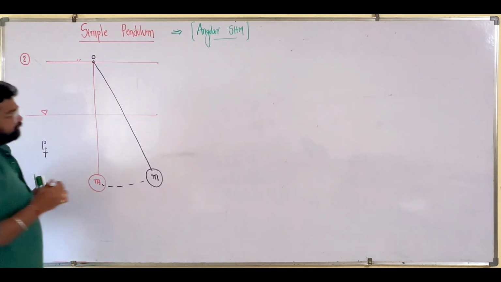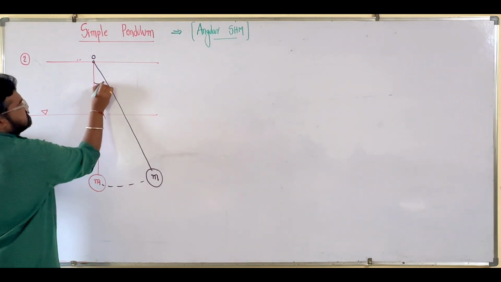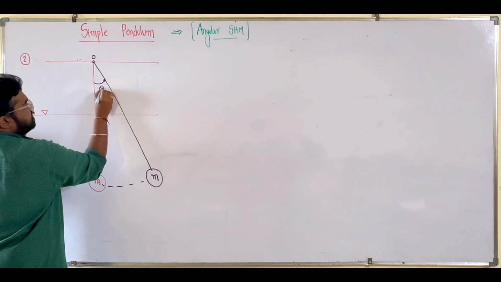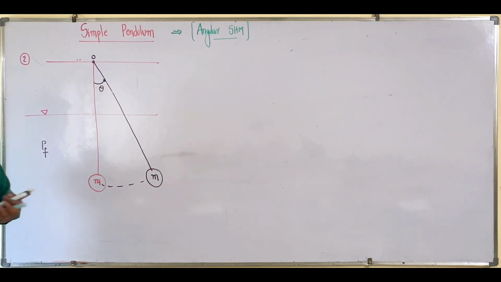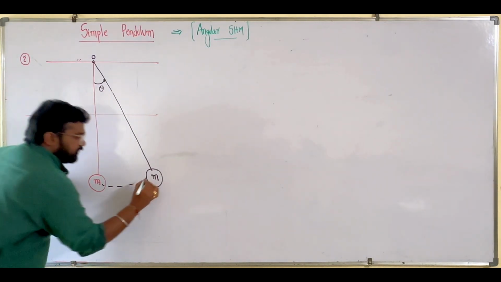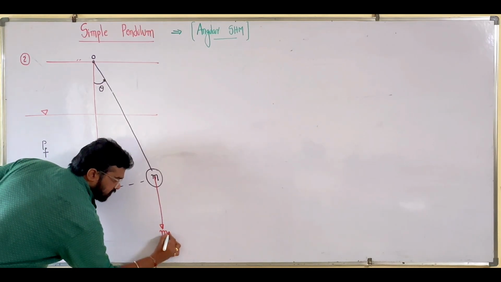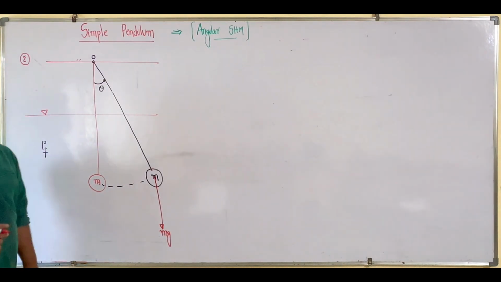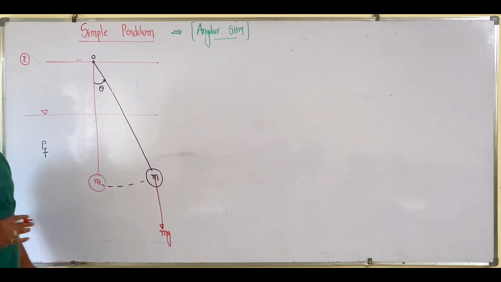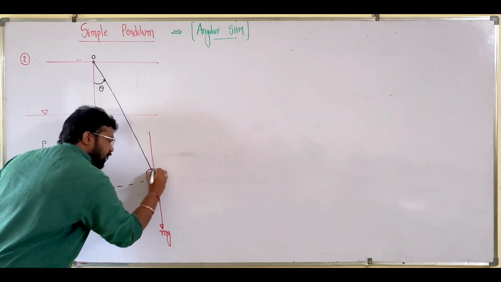This is your angular disturbance. Weight always acts vertically downward. Buoyant force always acts vertically upward.